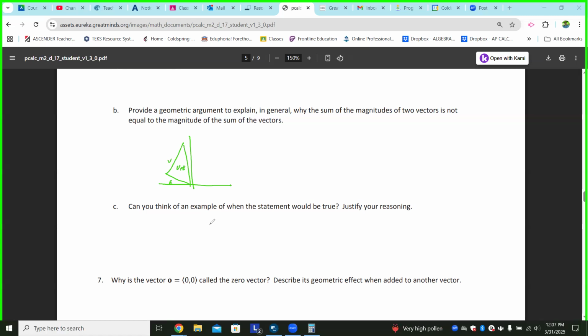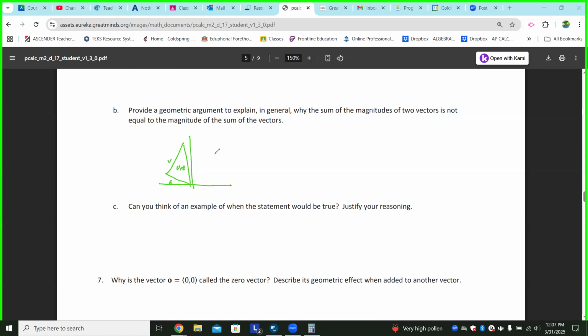So the magnitude of t would be the distance of this side of the triangle. Magnitude of v would be the distance of this side. And then the magnitude of v plus t would be the distance of this side. When we first learned about triangles in geometry, can these two sides equal the hypotenuse? No. Right. You would actually have a line on top of a line and no triangle.